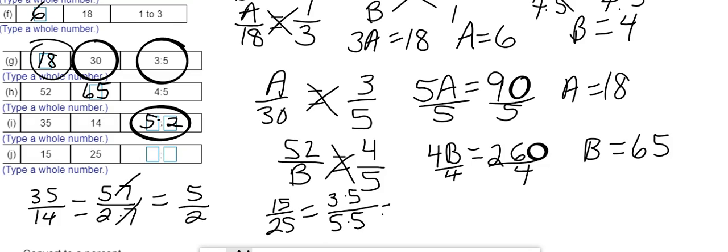That's the prime factorizations of both of those numbers. Notice they both have a 5 that cancels, or you could think of it as dividing out top and bottom by 5, leaving us with 3 over 5, or 3 to 5 ratio.